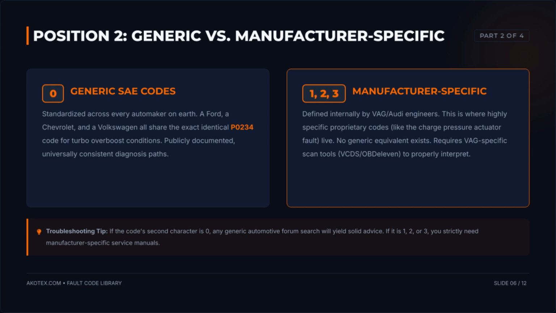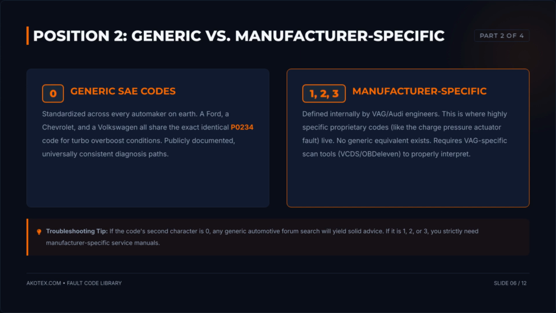A 1 means manufacturer-specific, defined by VW and Audi themselves, not shared with other brands. This is exactly where codes like the charge pressure actuator fault live. These exist because VAG's engineering, like the electronically controlled wastegate actuator on the EA888, just doesn't have an exact equivalent on other platforms.